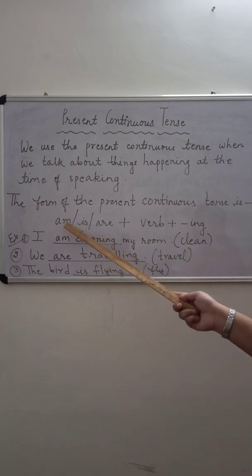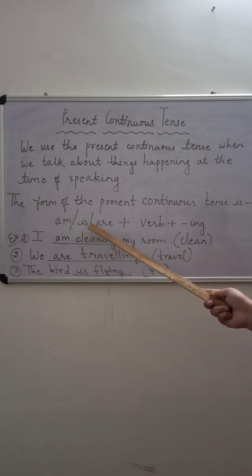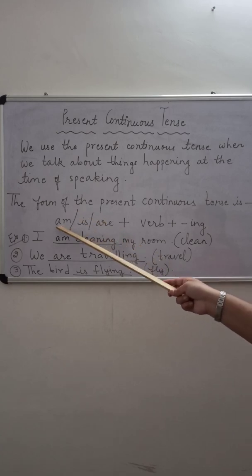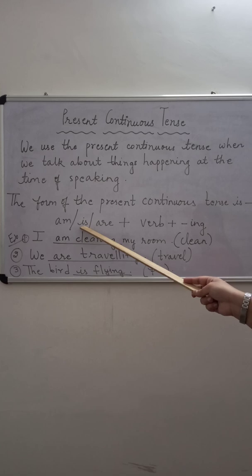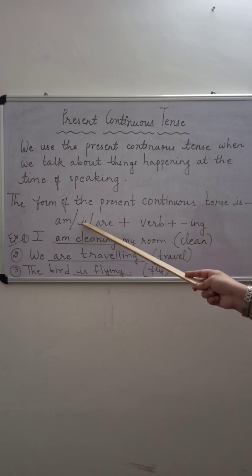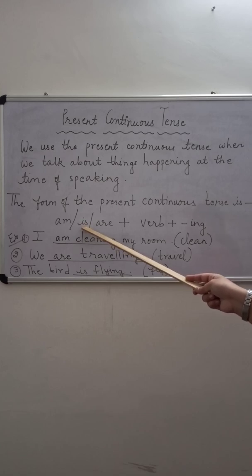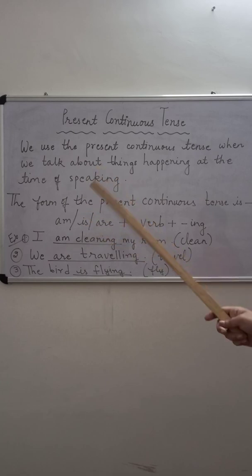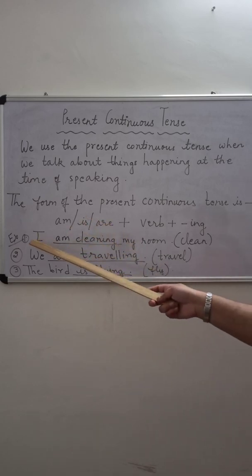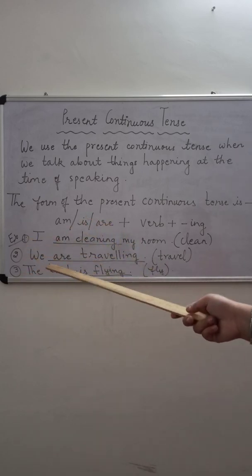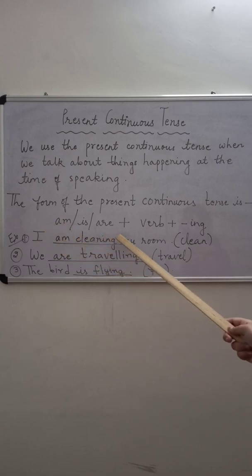First let us understand when do we use am, is and are. We use am with the pronoun I. We use is with the singular nouns and pronouns, and we use are with plural nouns or pronouns. Okay, so let us see some of the examples. First one, I dash my room.